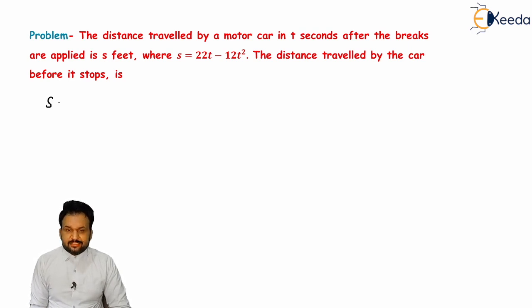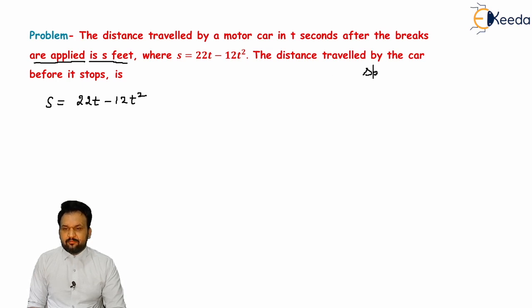If s is the distance covered, s is 22t minus 12t square. So he said that if someone applies a brake, it means the speed will become what? If we apply a brake, then the speed will be 0.